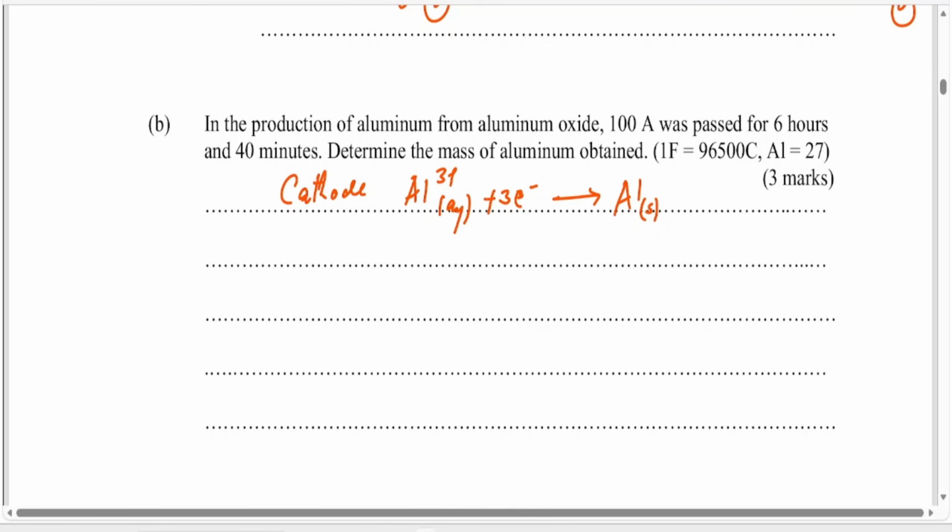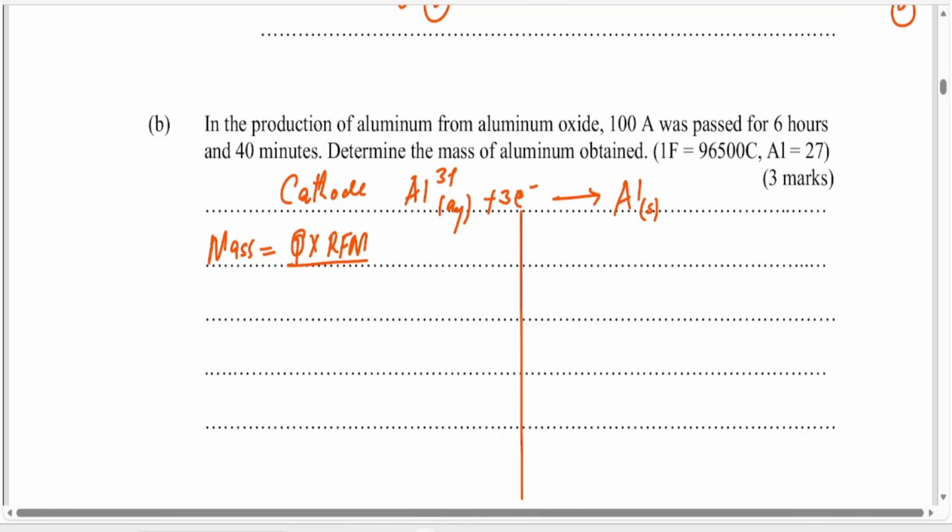The equation that we always use, we say mass is given by the Q, or quantity of electricity, multiplied by RFM, or relative formula mass of that substance.